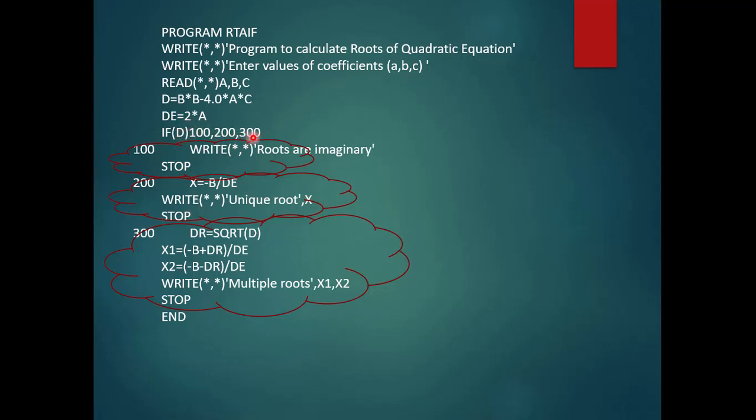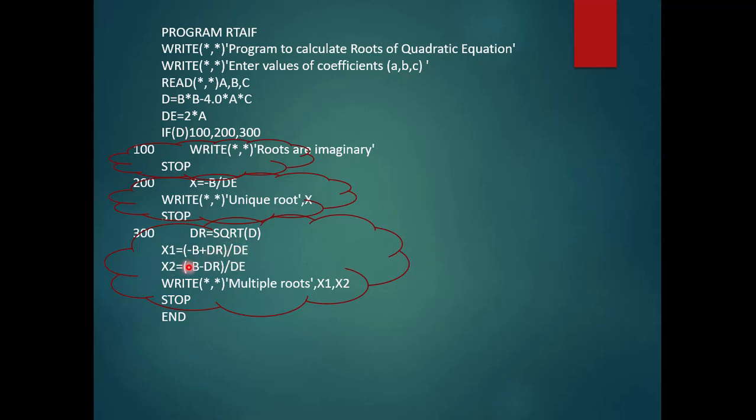Similarly, if d is greater than 0, then it will go to statement number 300, and on that dr is equal to square root of d, and then x1 equals to minus b plus dr divided by d.